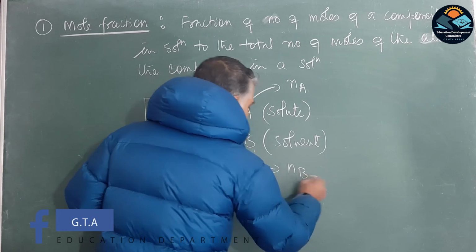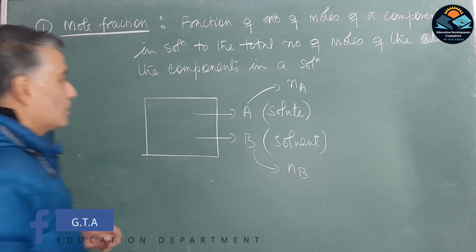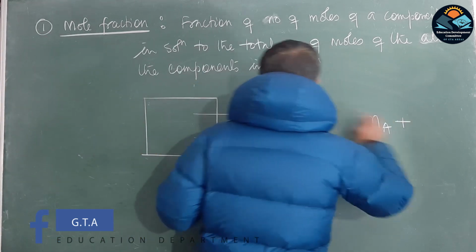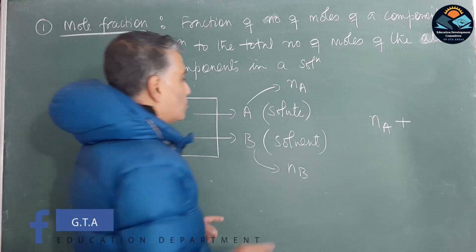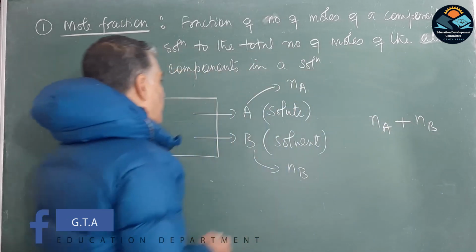Let's say you have taken Nb moles of B. So what is the total number of moles of all the components here? You've got Na moles of A and Nb moles of B, so the total number of moles of the solution is going to be Na plus Nb.